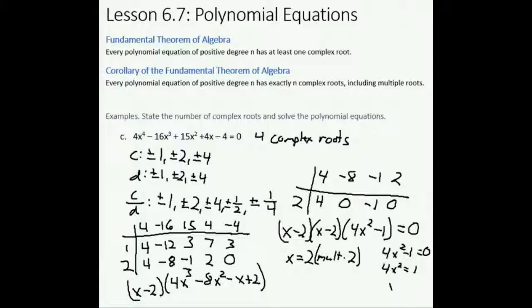Divide by 4. Take the square root, make sure we put plus or minus. So plus or minus, square root of 1/4 is the square root of 1 over square root of 4, which is 1/2. So our answer here is x equals 2, multiplicity 2, and then plus or minus 1/2.